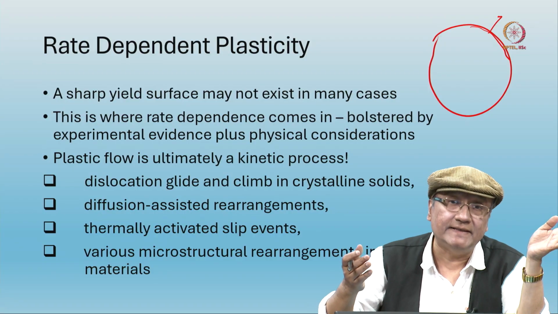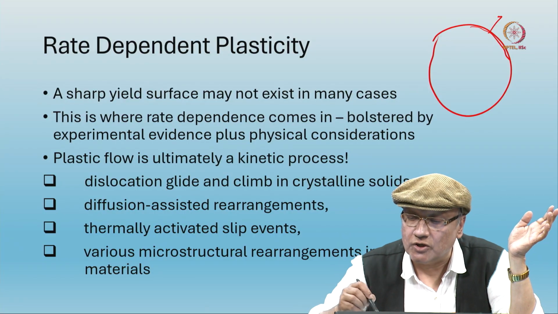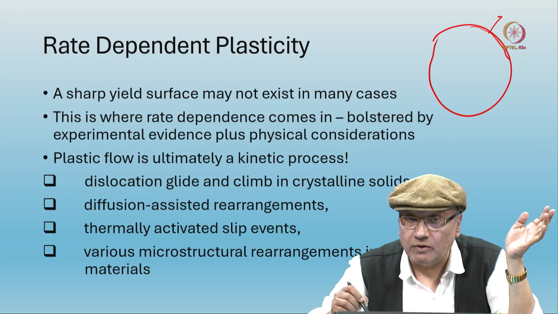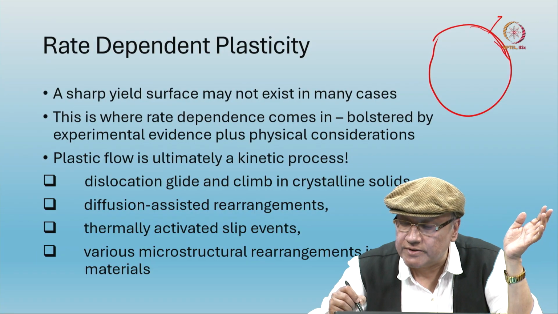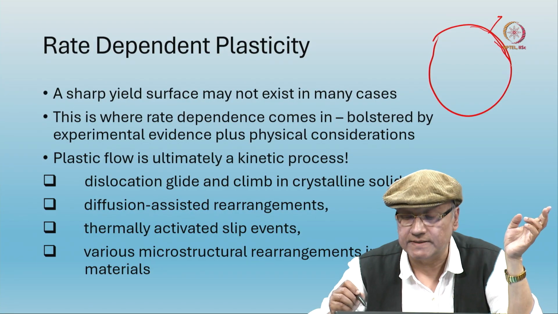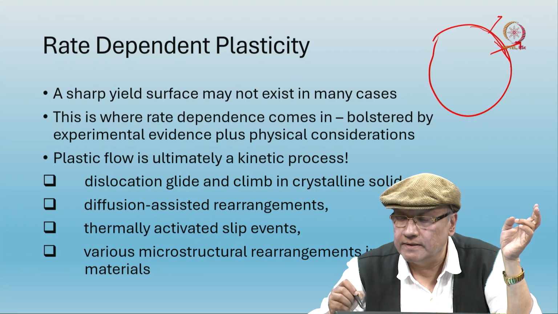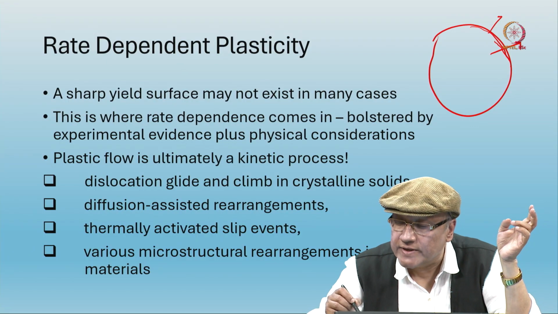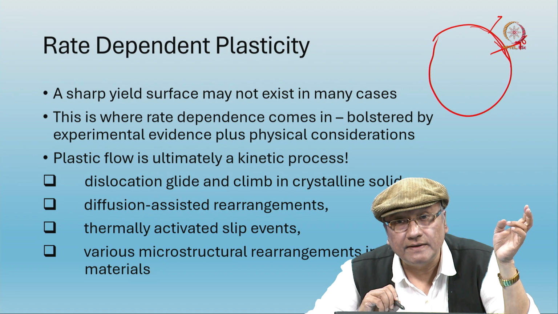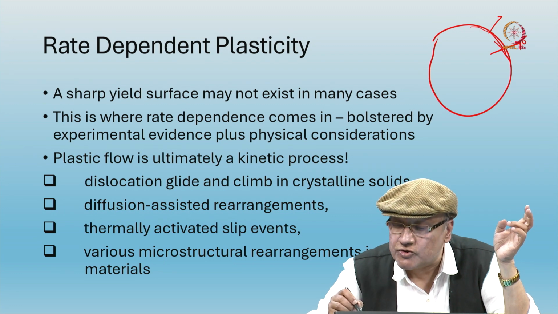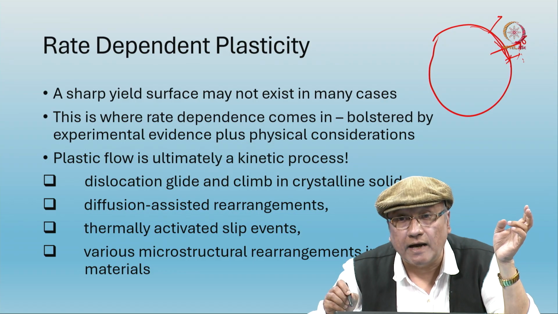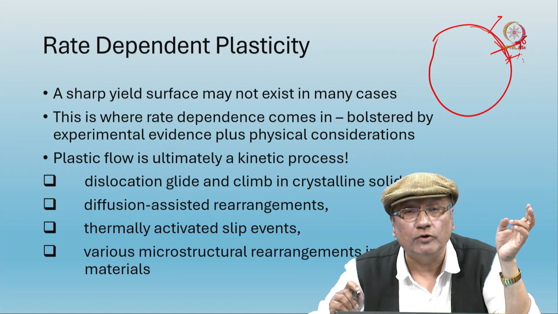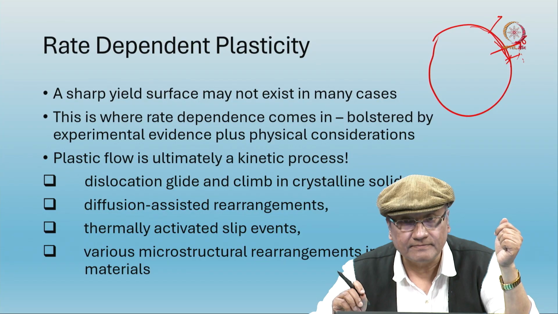The normality rule is still valid, that is another matter. But stress now need not be restricted to the yield surface, it can cross. Stress can be somewhere here, and this extra part of the stress jutting out beyond the yield surface is called the overstress.